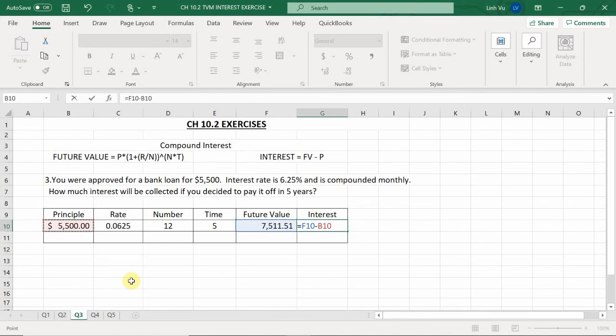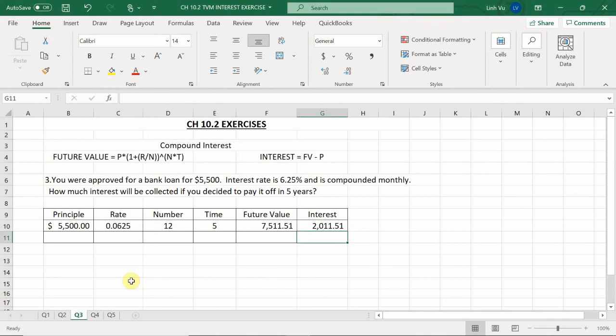The interest is going to be your future value minus your principal. 2011.51. Good. 2011 and 51 cents is going to be the amount of interest I'm going to be collecting.